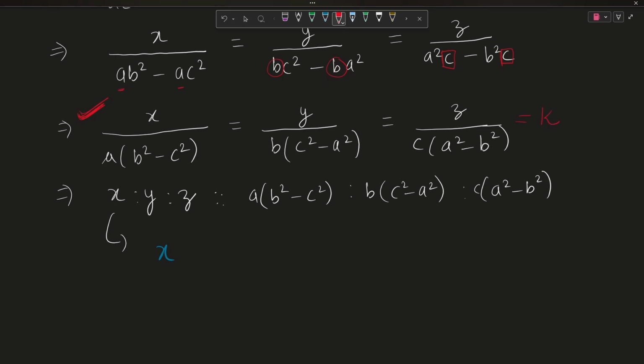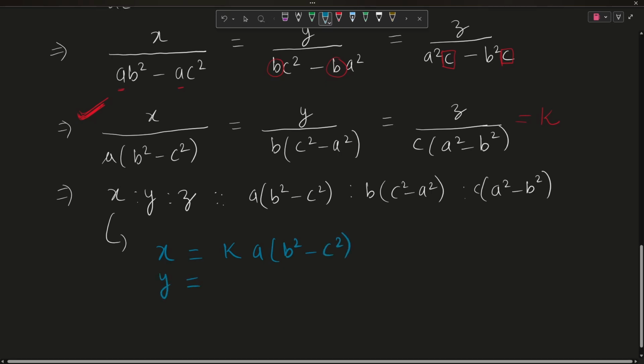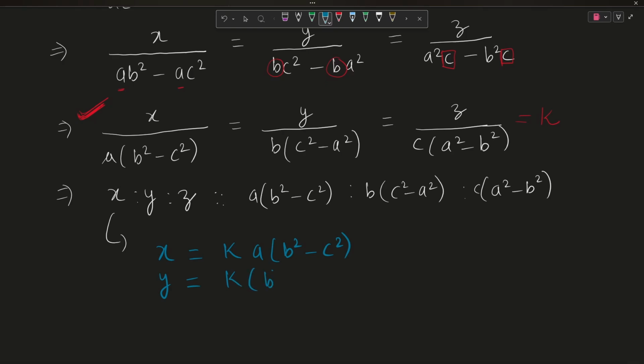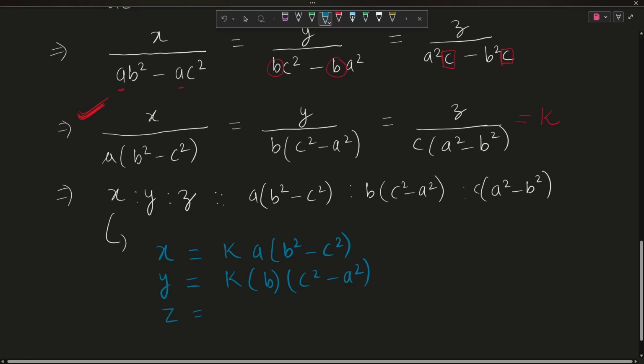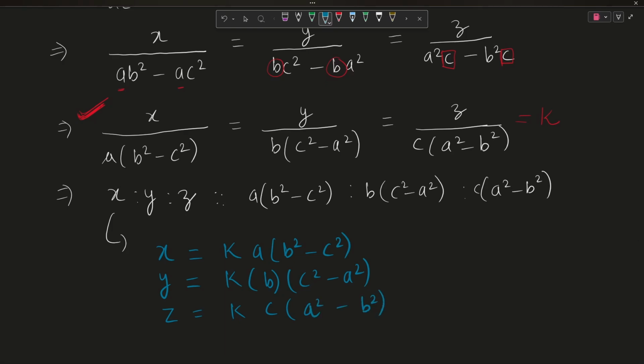Then the value of x will become k into a into b square minus c square. For y it becomes k into b into c square minus a square, and for z it becomes k into c into a square minus b square.